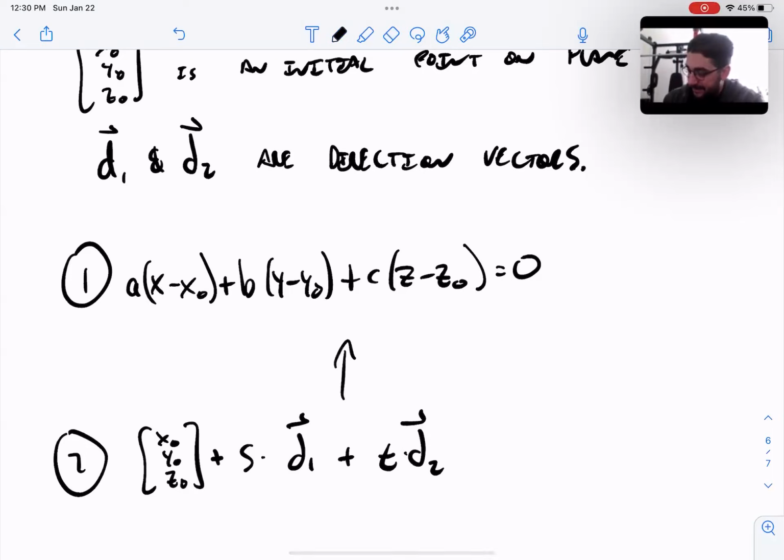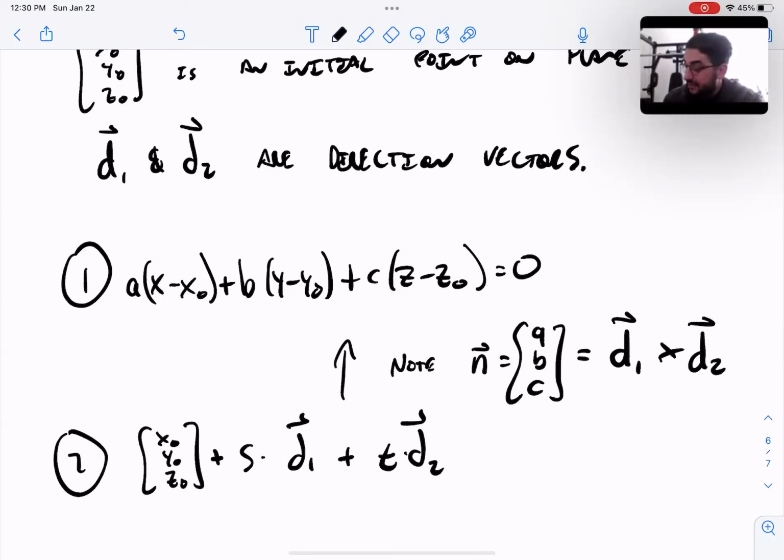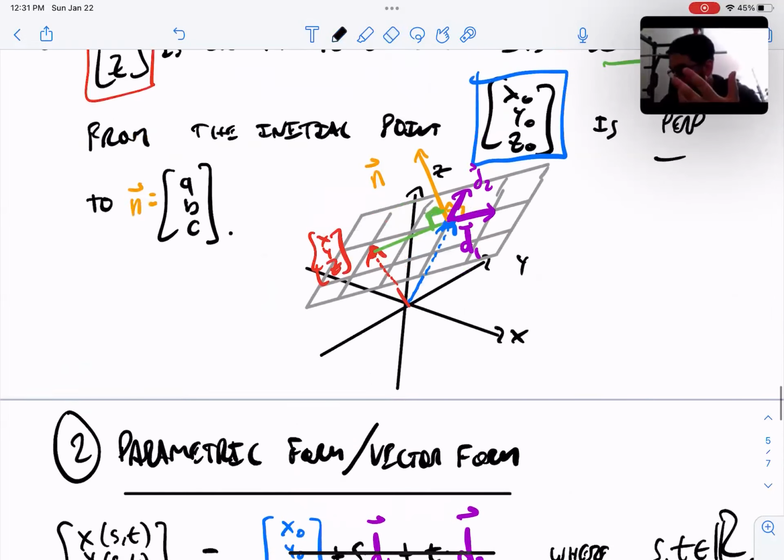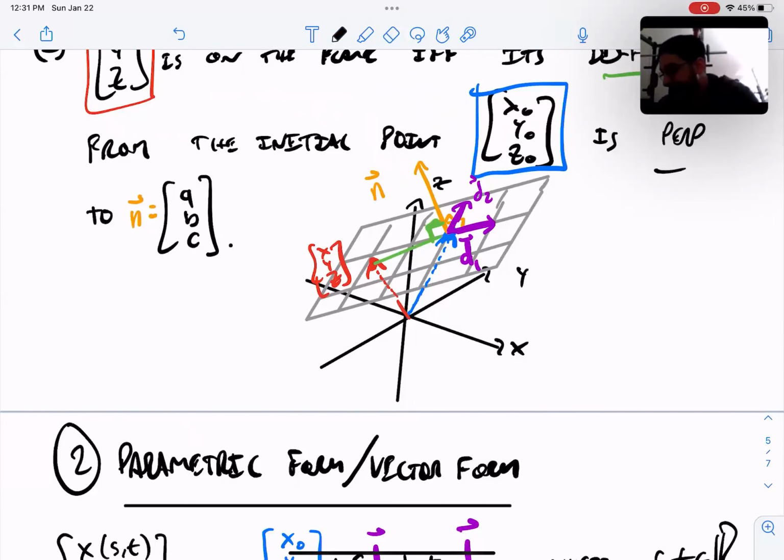Well, probably the easiest way to get an ABC is by taking the cross product of your direction vectors. Because when you do the cross product of two vectors, you get a vector that's perpendicular to each of those vectors, and that's what the normal vector has to be. Think of the right-hand rule for cross products.